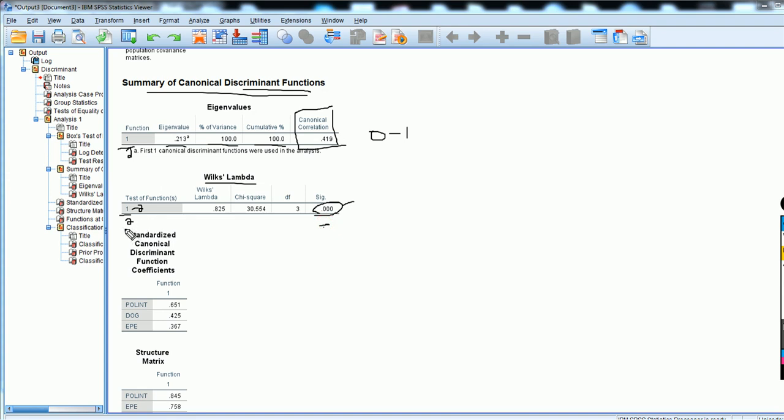If there were 3 functions, we would have a test of 1 to 3, then 2 to 3, and then just 3 by itself. But in this case, we only have one discriminant function, so this is a test of that function proper.